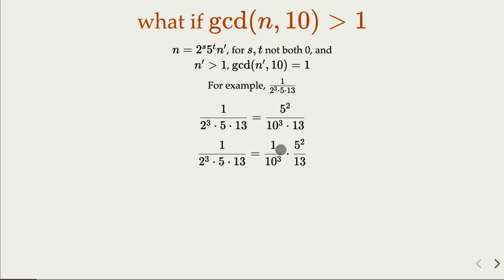Now the first part, when you have 10 to the third power in the denominator, is equivalent to moving the decimal point to the left by 3 positions. But the second part, we already showed earlier that if the denominator is relatively prime to 10, it will produce a pure recurring decimal. So the second part is a pure recurring decimal.